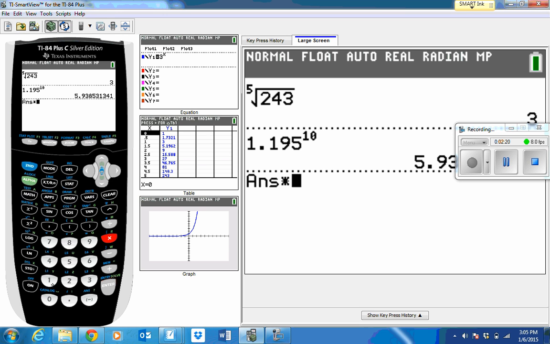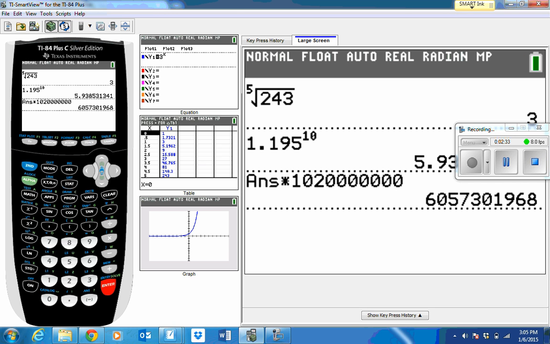And then you're going to do times 1,020,000,000, and you get, wow, that's a big number, 6,057,301,968.